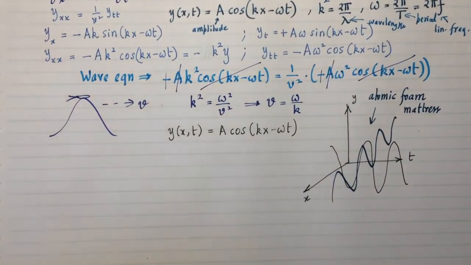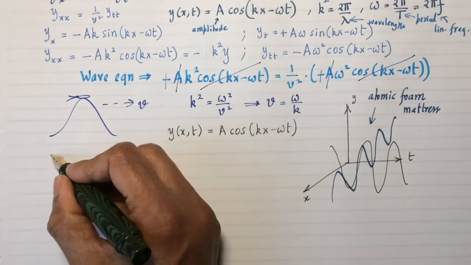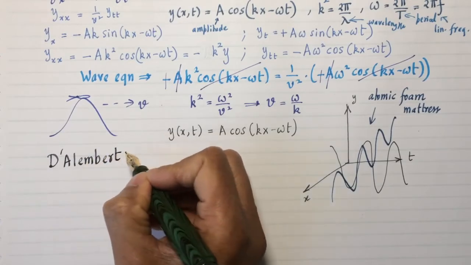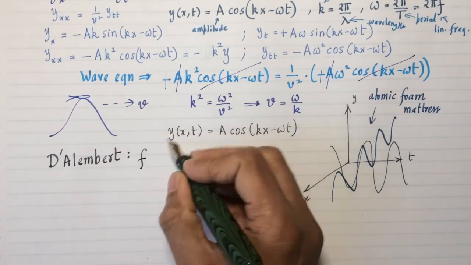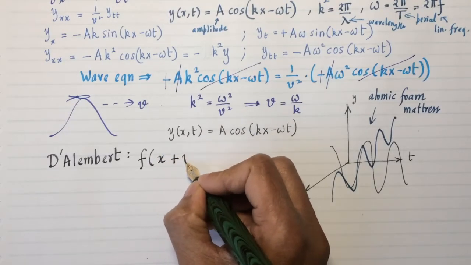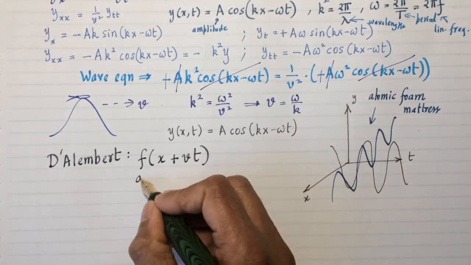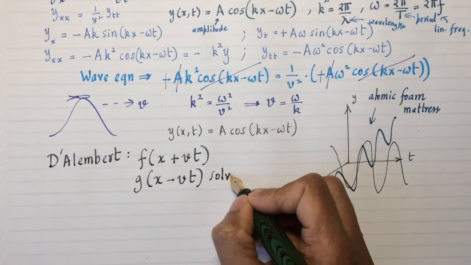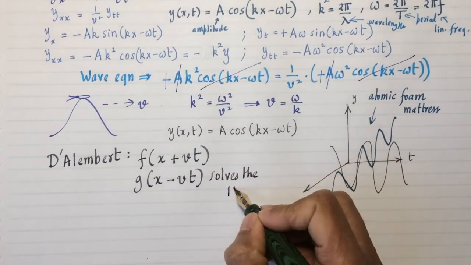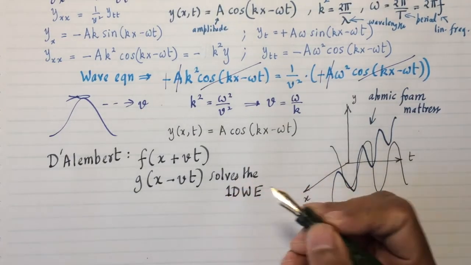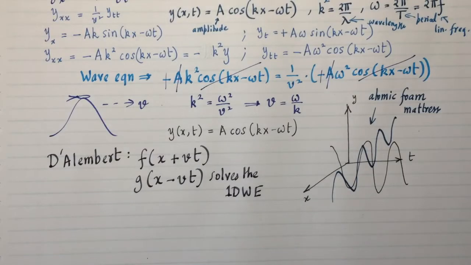A great mathematical physicist called D'Alembert showed that any function f, which is a function of x plus vt, and any function g, that's a function of x minus vt, solves the 1D wave equation. So that's an amazing fact in itself. Let's try to show that it's true.